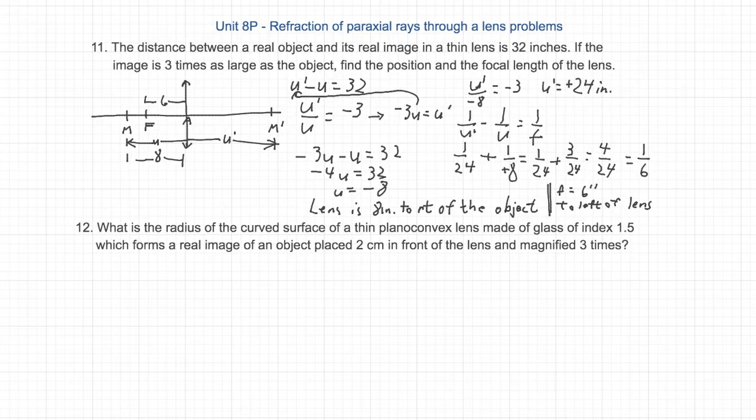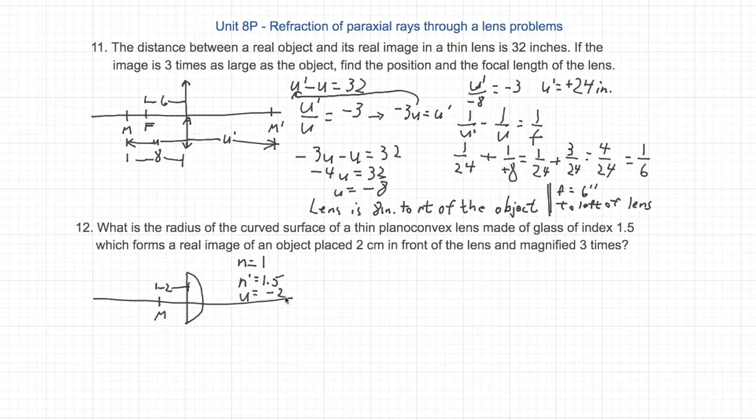Question 12. What is the radius of the curved surface of a thin plano-convex lens made of glass of index 1.5, which forms a real image of an object placed 2 centimeters in front of the lens and magnified 3 times? So there's a plano-convex lens. Surrounding index of air is 1. N prime, the index of the lens, is 1.5.